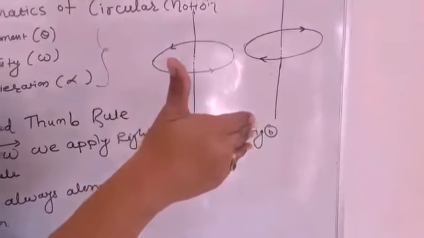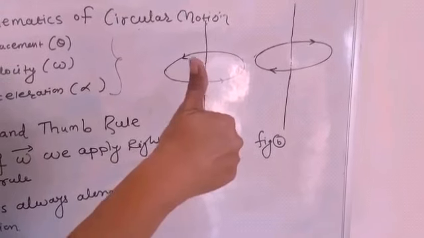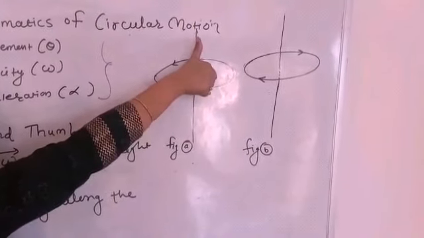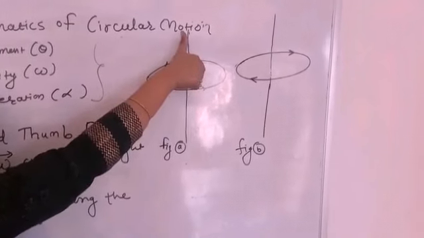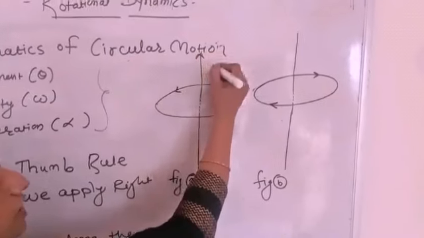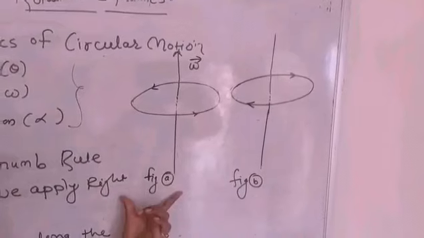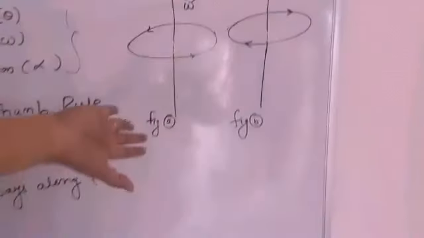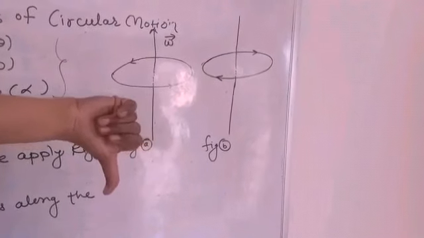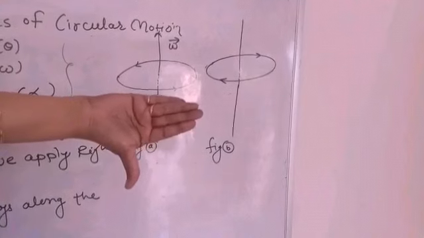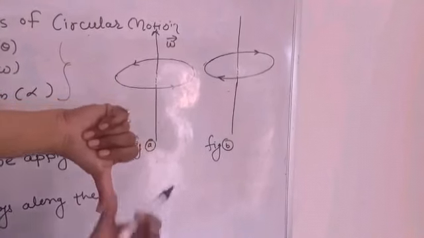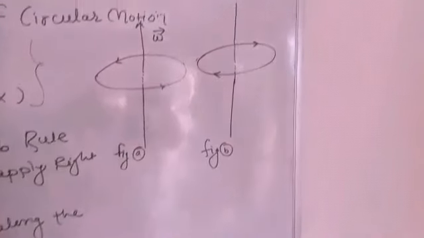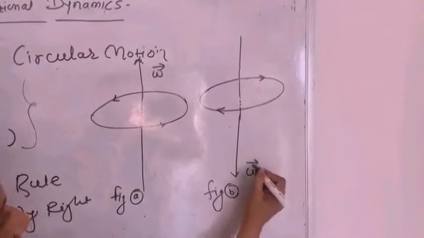If the fingers of our right hand are curved along the circular motion, then this stretched thumb represents the direction of angular velocity, which is in upward direction in figure A. Now, the same rule is applied in figure B. If these fingers are curved in clockwise sense, then this stretched thumb represents the direction of angular velocity, which is in downward direction.